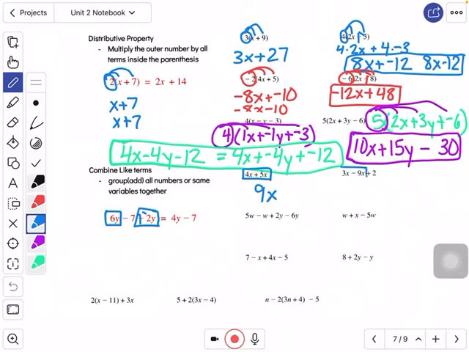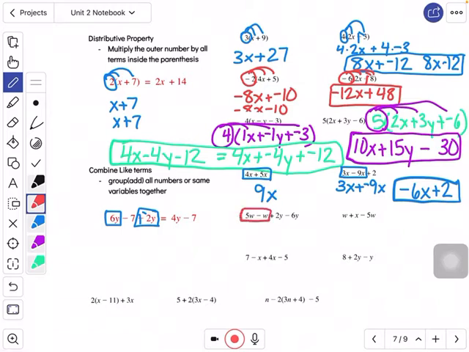Here we have 3x minus 9x, or 3x plus negative 9x. So that is negative 6x plus 2, as the plus 2 has nothing to be combined with. So here we have 5w minus w. You can also write that as 5w plus negative 1w.